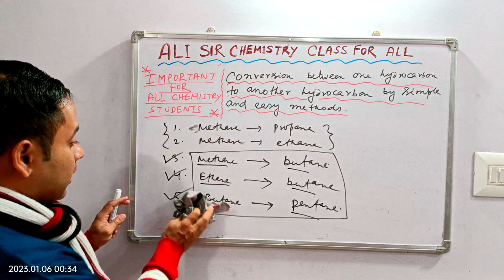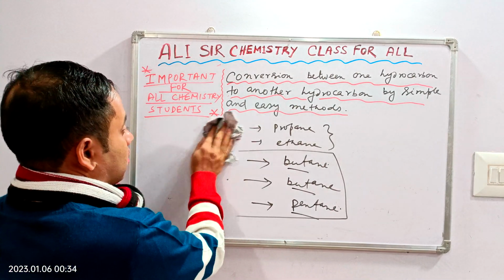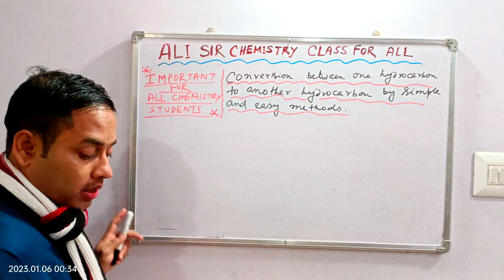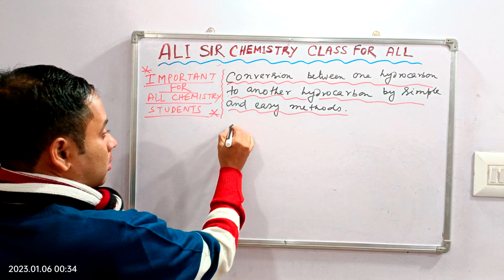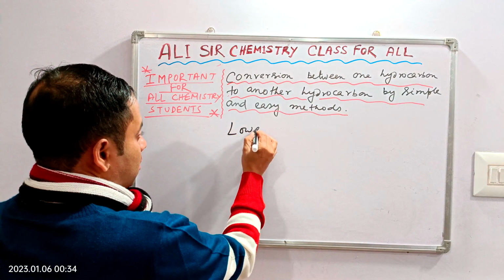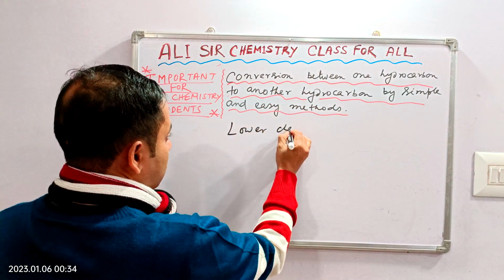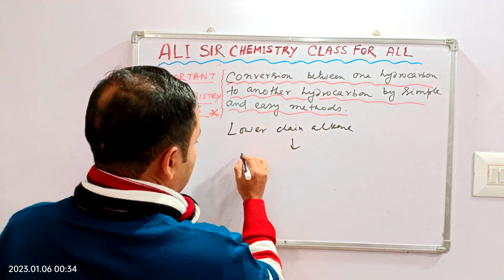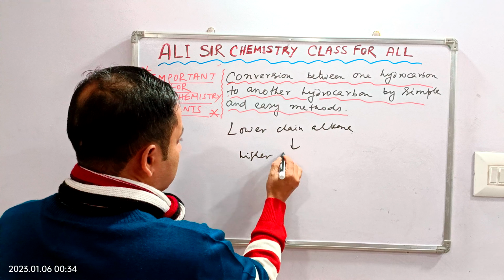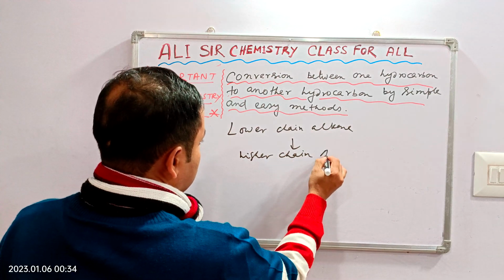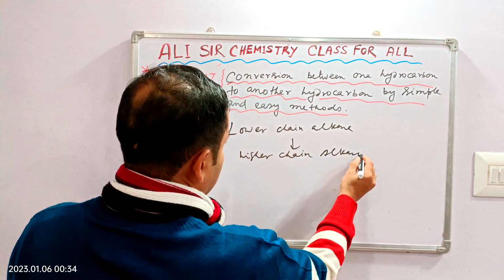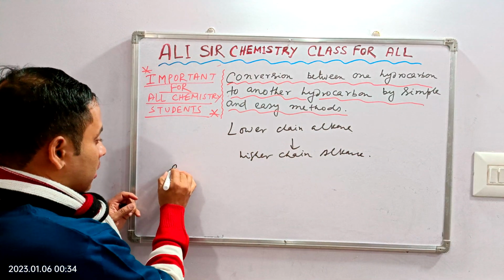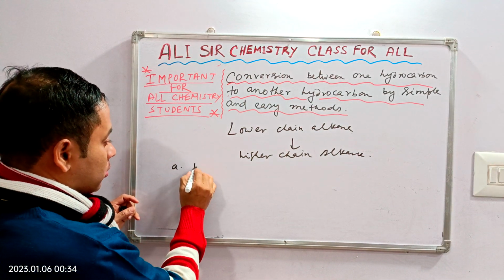So here we have done lower alkane to higher alkane conversion. Whatever we have learned here, I am concluding. We have converted lower chain alkane to higher chain alkane. What types of reactions have we used here? First one is halogenation.